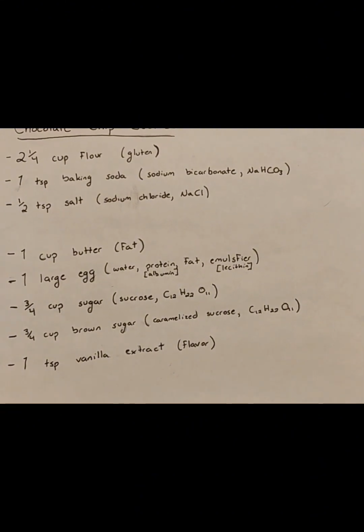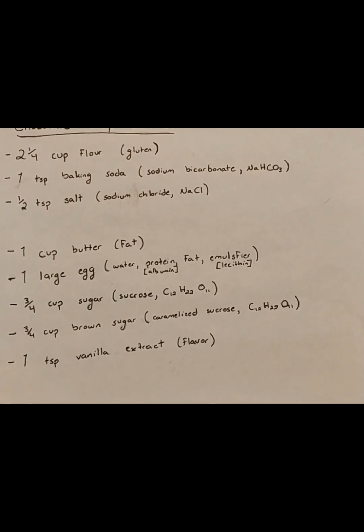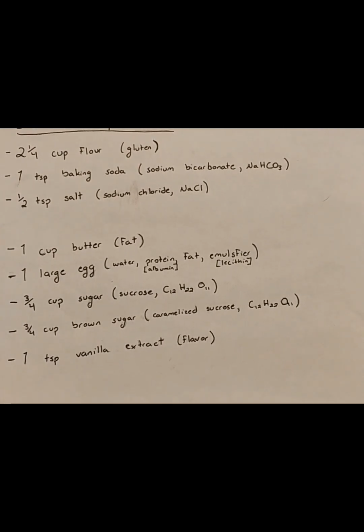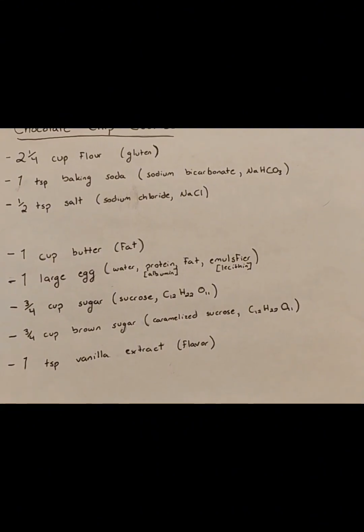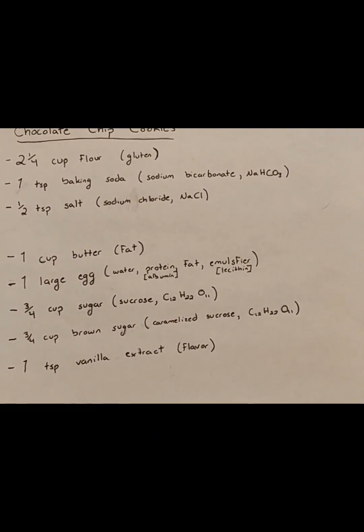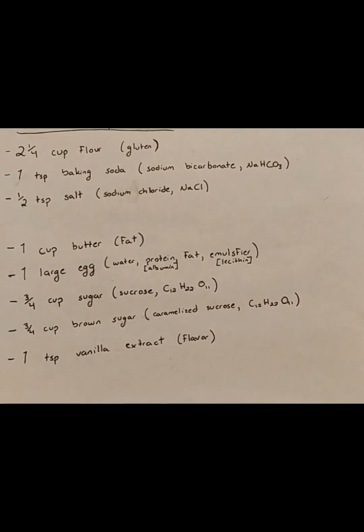Obviously, there's more fats and there's more sugar flavors and all of that, but within the process of making cookies, those are the big players. I do want to take a second and look at brown sugar here because that is a caramelized sucrose. And as I said before, caramelization is a distinct process from the Maillard reaction, but they operate in pretty similar ways.